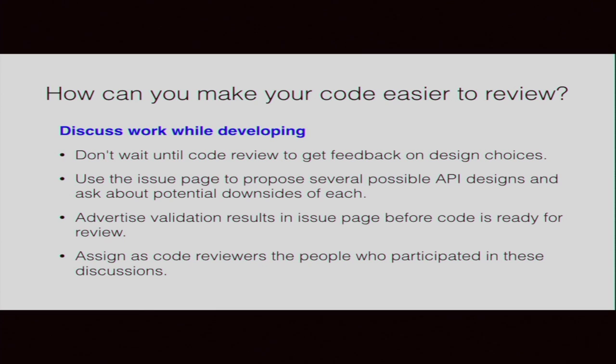Mention certain people that you think can give you good feedback. Especially as you get good validation results, advertising that is useful. And then these would be good people to assign as reviewers. People who participate in these discussions are already fairly familiar with your code. They would be good choices to assign as reviewers, sort of obviously, I guess.